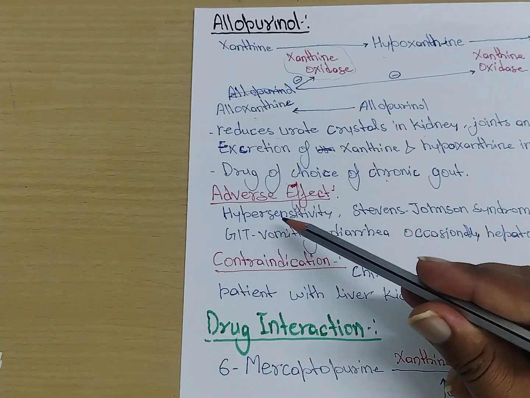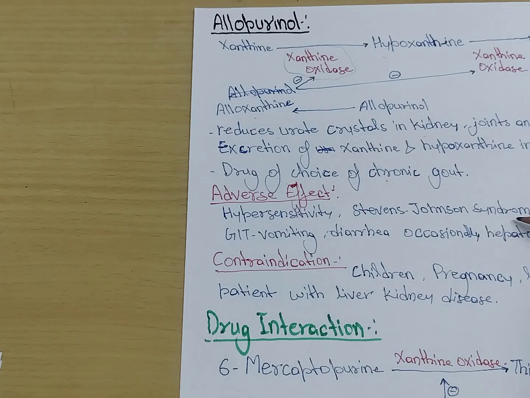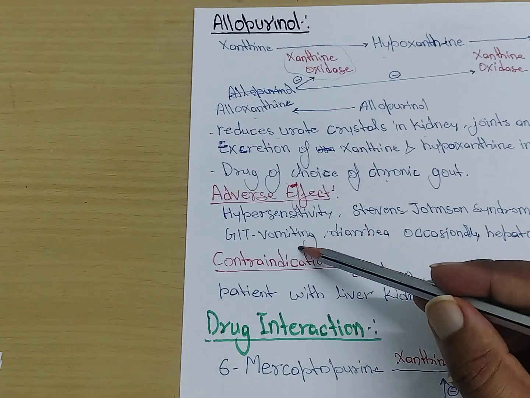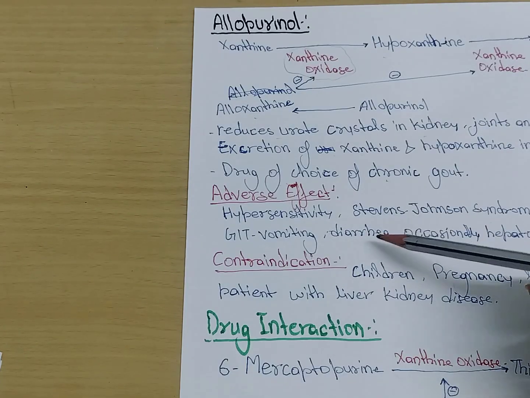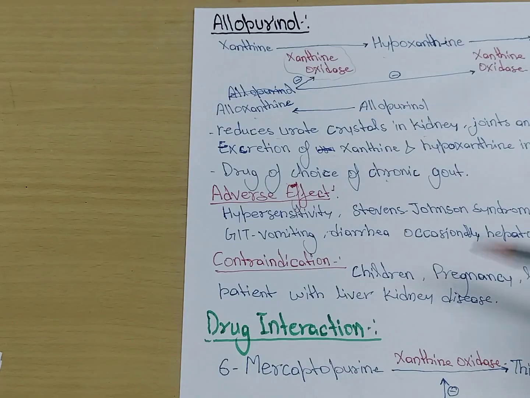Adverse effects are hypersensitivity, Stevens-Johnson syndrome, and GIT symptoms: vomiting, diarrhea, occasional hepatotoxicity.